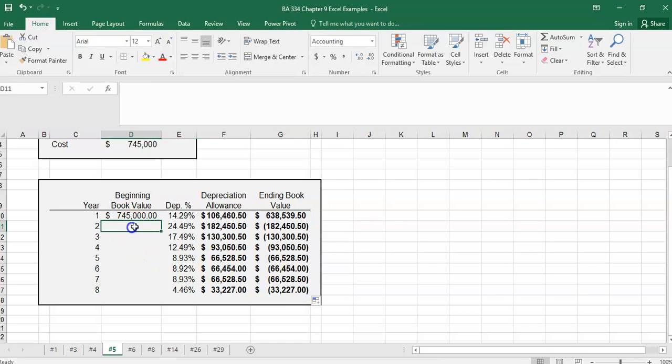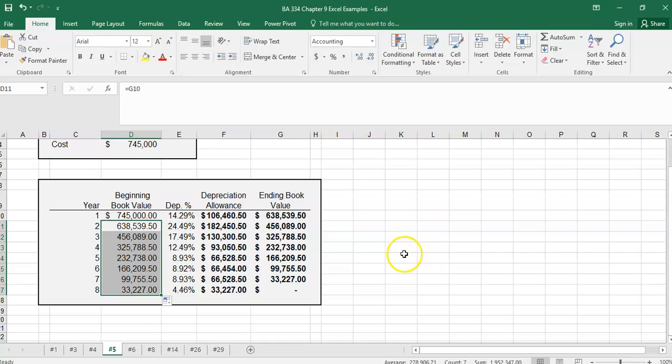Now I'm going to fill in our beginning book value, which equals the prior ending book value, and copy that formula down too. So now my MACRS table is set up, and I can use this information to do a full cash flow analysis for the 8 years of the project, because I have my depreciation expense, which I need to calculate my operating cash flows.